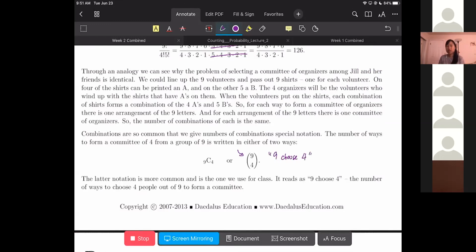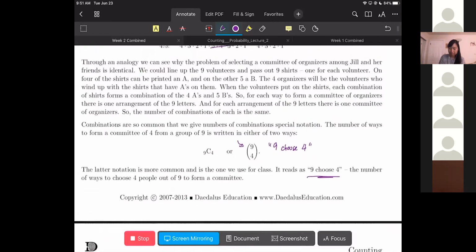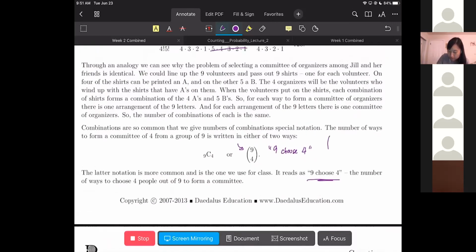So basically the number of ways to choose 4 people out of 9 to form a committee. And so 9 choose 4 is just 9 factorial over 4 factorial times 5 factorial.